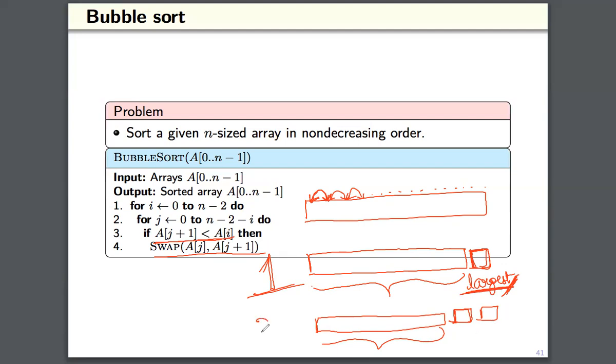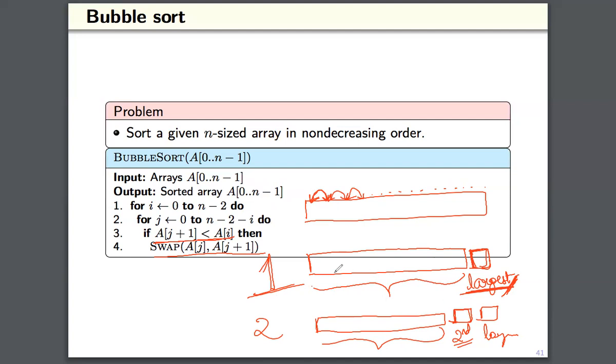After the second iteration, the second largest element is also in its correct position. With approximately n iterations like this, you will sort the entire array. This is called bubble sort.